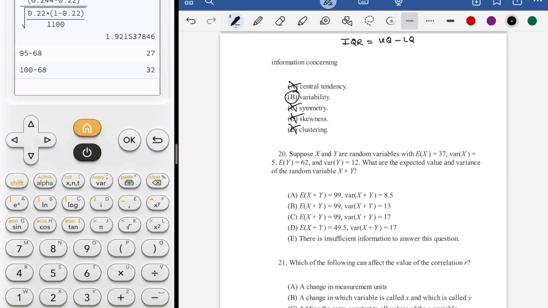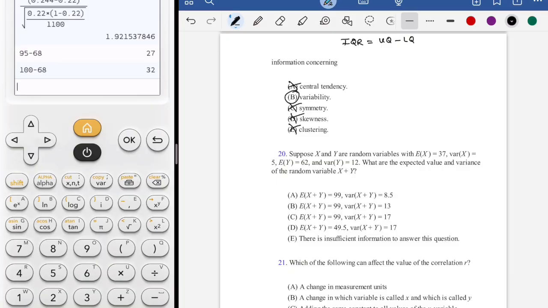Suppose X and Y are random variables with the expected value, another name for mean, of 37 and the variance of 5. And then for the Y variable, so different variable, the expected value is 62, the variance is 12.